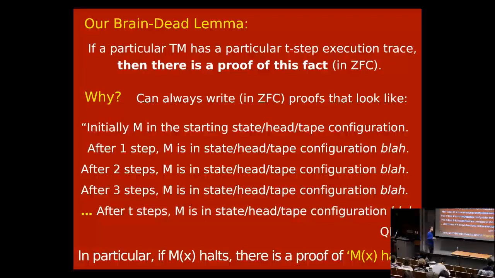In the worst case, you could write down a proof with t lines in it that says M running on x first looks like this, then like this, then like this, and then it enters an accepting state. I think you even had to do this in one homework, literally list out all the configurations and show that it halted.